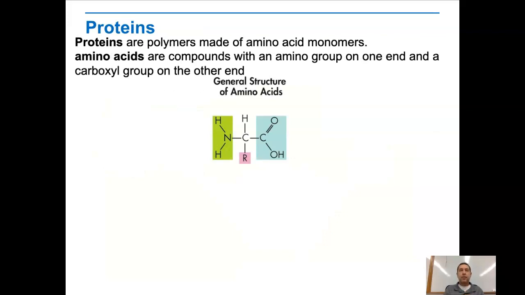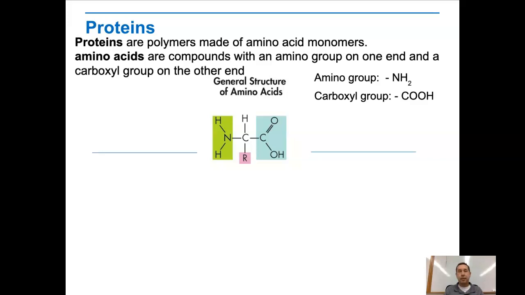Proteins are polymers made up of amino acids. So the amino acids are the building blocks to make up proteins. There are 20 different kinds of amino acids. They're composed of an amino group at one end and a carboxyl group at the other end. The amino group is the NH2, and the carboxyl group is the COOH.